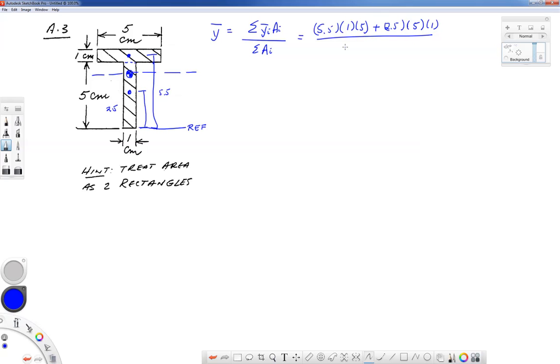And we're going to divide that by the total area, 1 by 5 plus 5 by 1. Let's see what we get for that. Yeah, I got exactly 4 centimeters from the reference line to the centroid of the entire section.